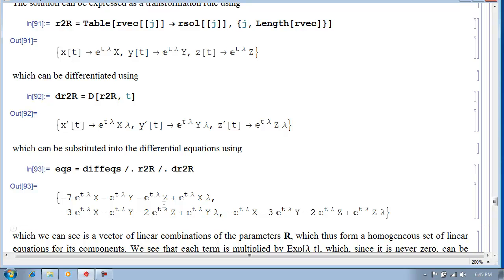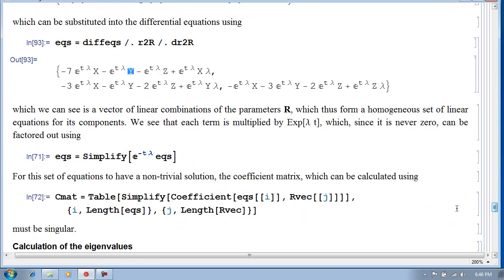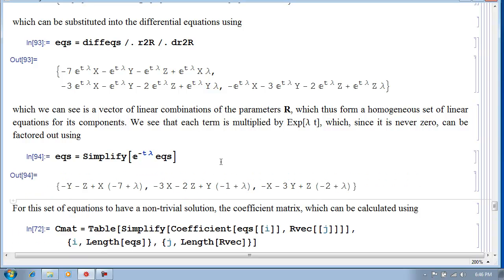And if we look at this, we can see that this is our exponential function. It multiplies every term in this vector and times some linear combination of the coefficients x, y, z. So let's get rid of the exponential term since it's never zero. So we do that.